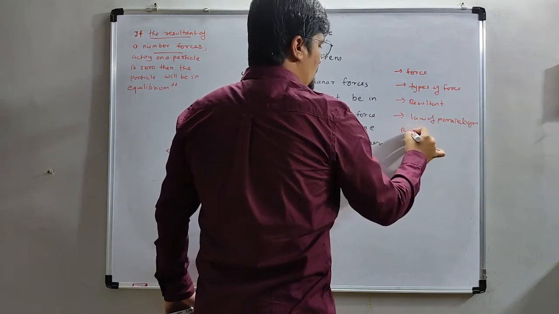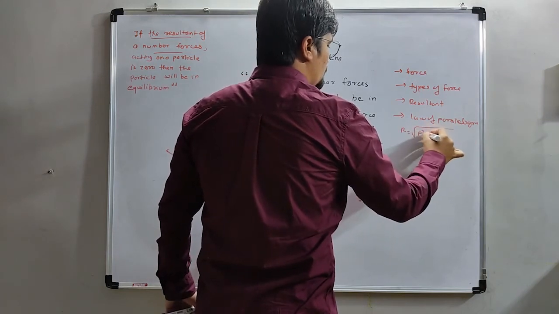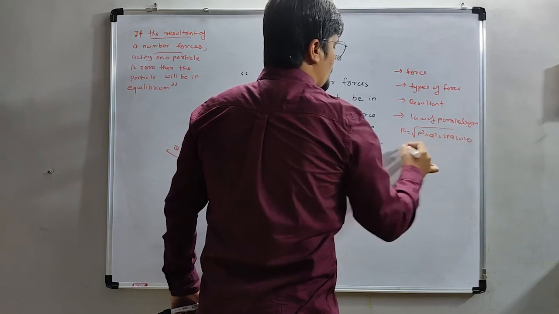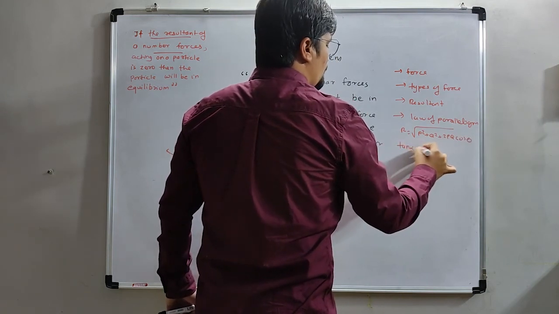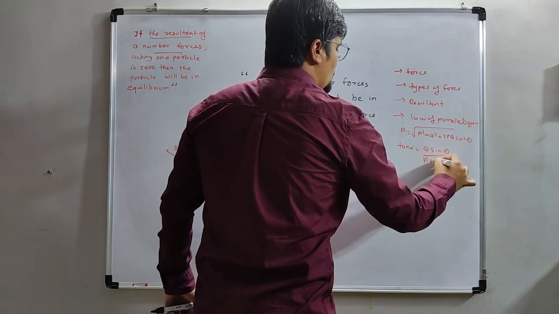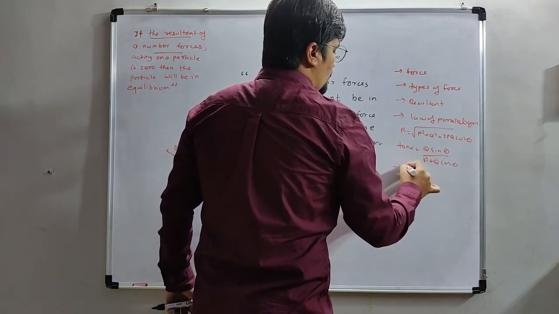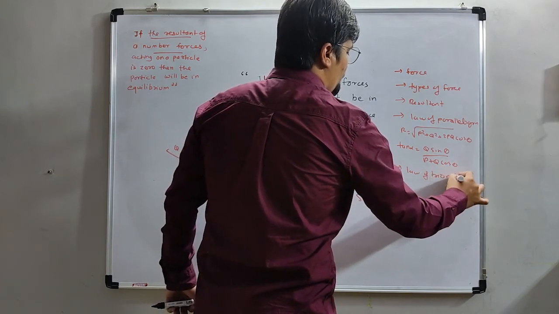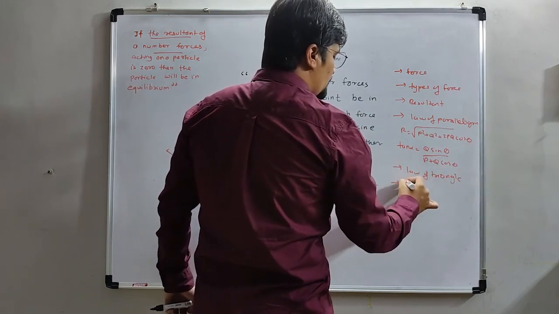The equation was R equals the square root of P squared plus Q squared plus 2PQ cos theta, and tan alpha is equal to Q sin theta by P plus Q cos theta. Then the law of triangle, then the law of resolution.